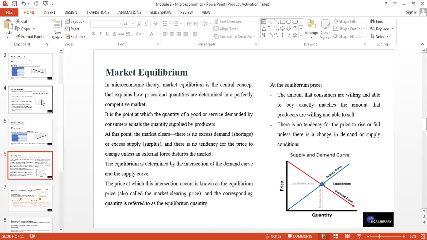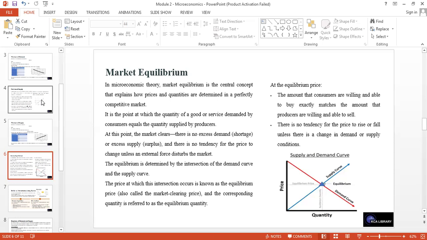And the equilibrium is determined by the intersection of the demand curve and the supply curve. And as you can see in the diagram there, it is an intersection of the demand curve and the supply curve. And the price at which this intersection occurs is known as the equilibrium price. And for the equilibrium quantity, it is the corresponding quantity at that price.